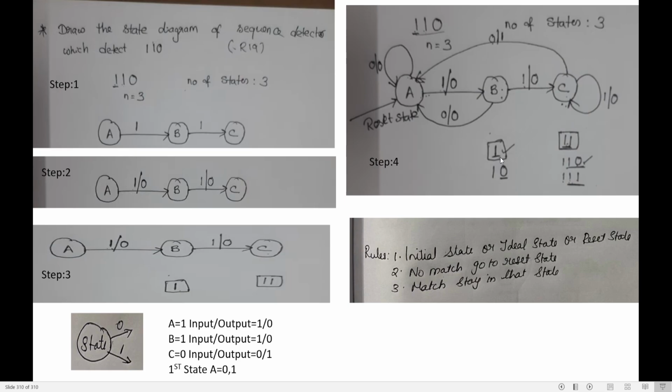Then try to match this 0 with the number inside the box. Since the 0 doesn't match the number inside the box, there is no match, so go to the reset state. Why am I going to the reset state?